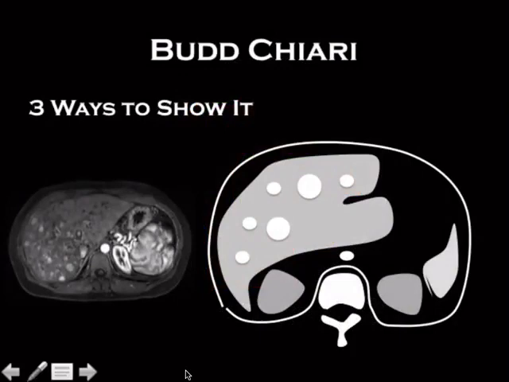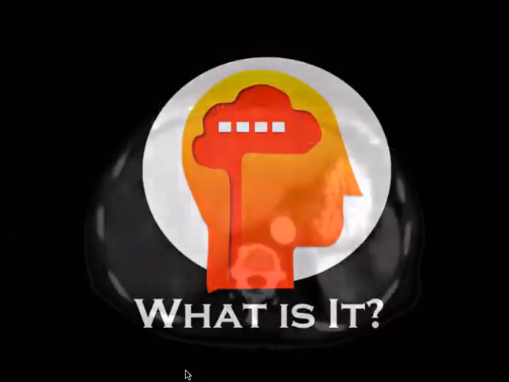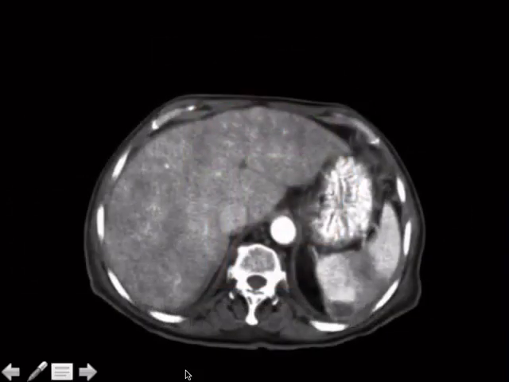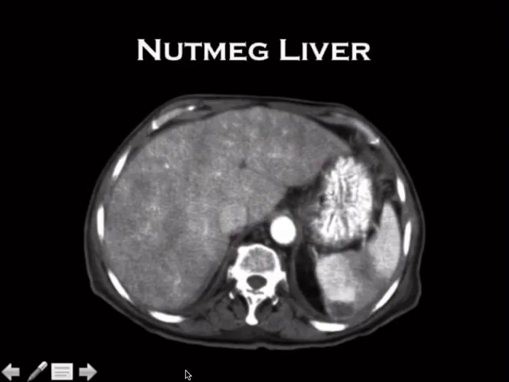They have to tell you that there's Budd-Chiari though, because this could be islet cell mets, renal cell carcinoma mets. At some point, they would have to show you an ultrasound with hepatic veins out or something. All right, what about this guy? This is a classic nutmeg appearance of the liver, which has a differential.